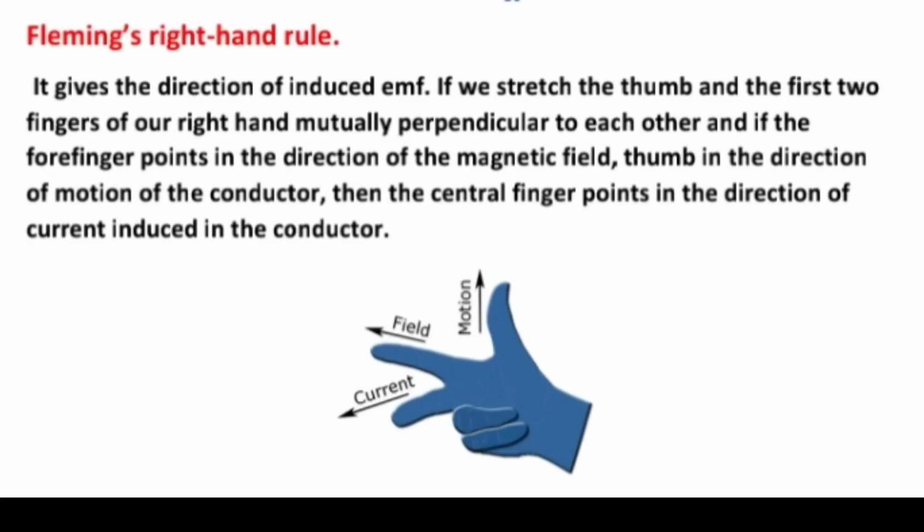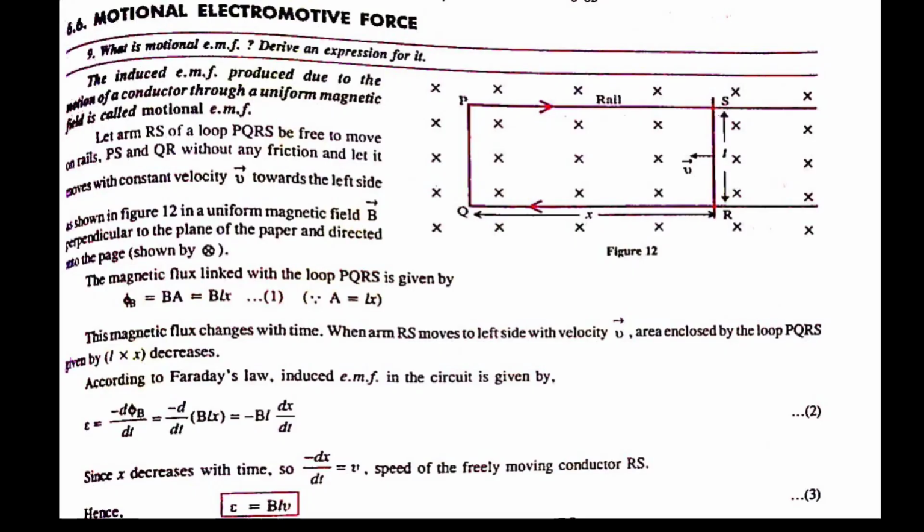If we stretch the thumb and the first two fingers of our right hand such that these three are mutually perpendicular to each other, then the forefinger or index finger points in the direction of the magnetic field, the thumb gives the direction of motion of the conductor, and the central finger points in the direction of the current induced in the conductor.